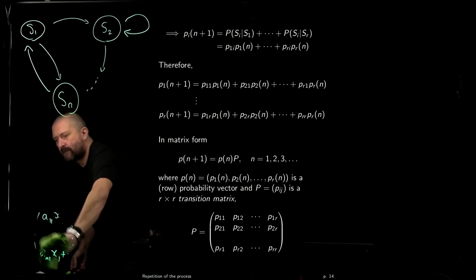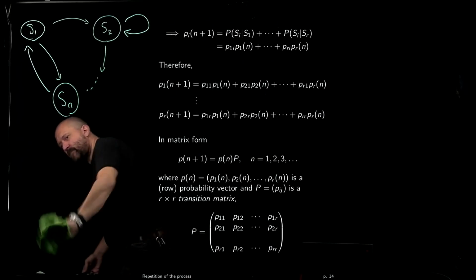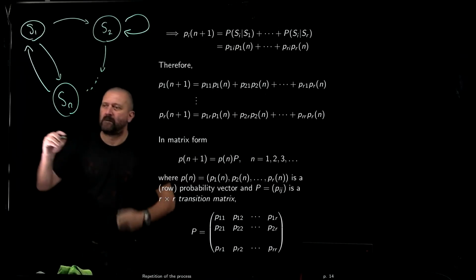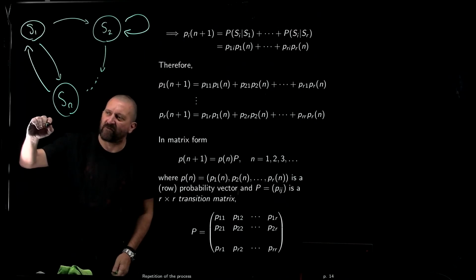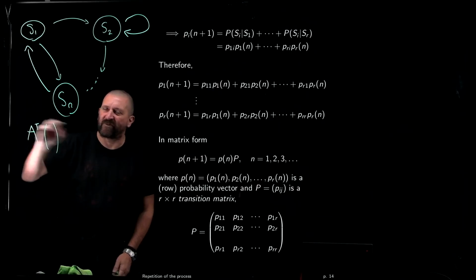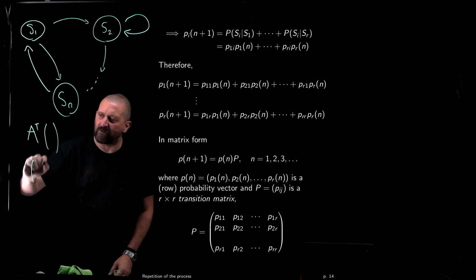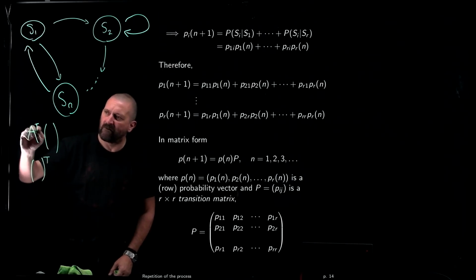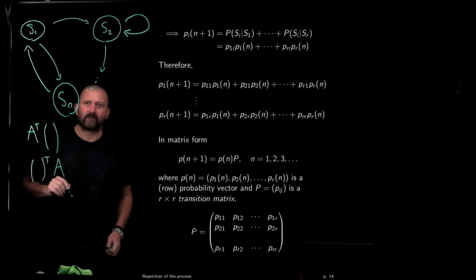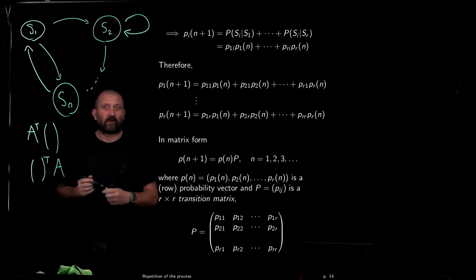Because when I transpose, if X is a column vector, and I'm multiplying this by A transpose, this is the same as if I transpose all this, I get the transpose of X times A. And this is what we're going to do.